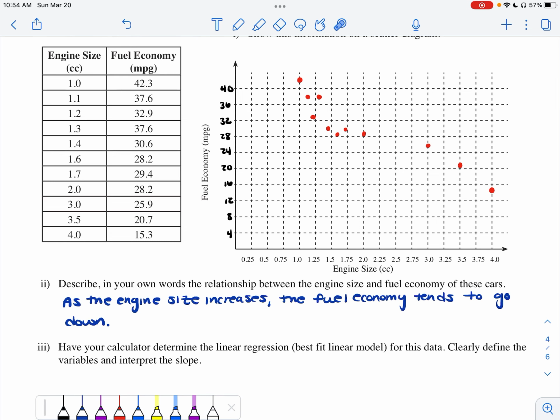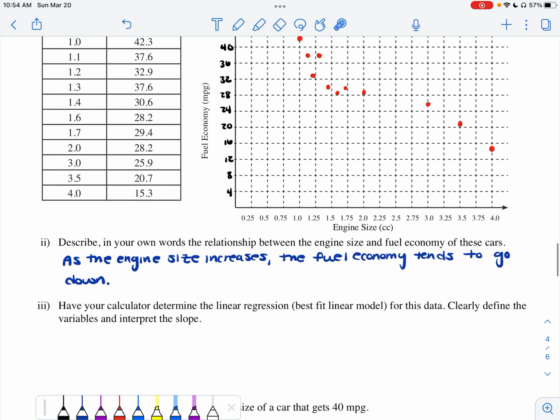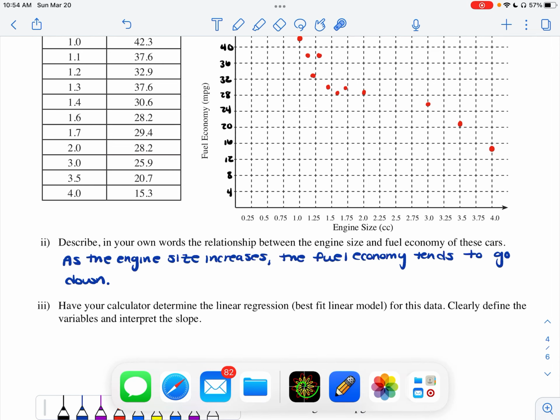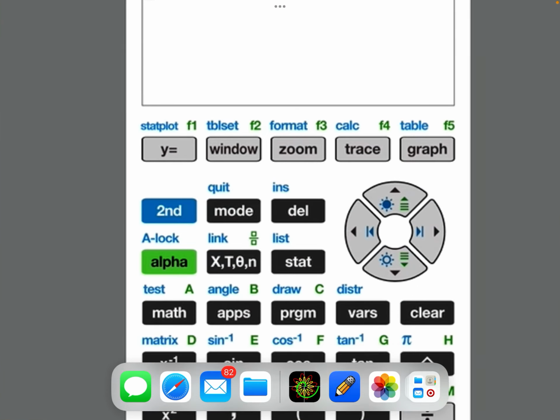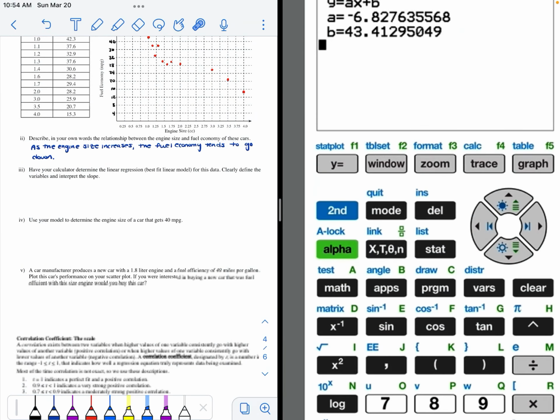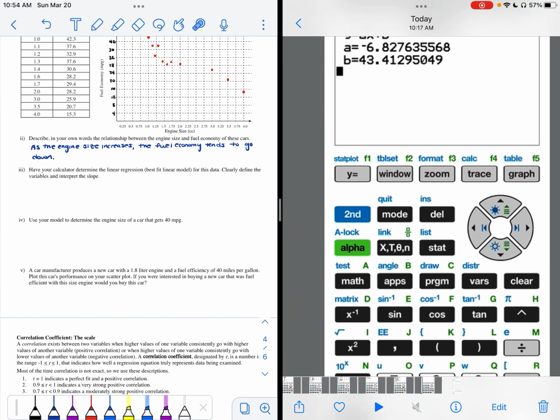Okay. All right, so the next thing we wanted to do here is have our calculator determine the linear regression or the best fit linear model. So for that, I'm going to go ahead with this guy. I was having some problems with my graphing calculator app on this one, so I just did it ahead of time.